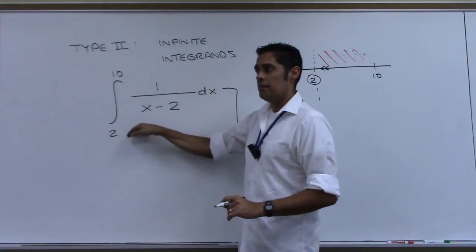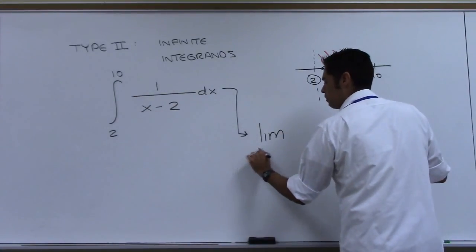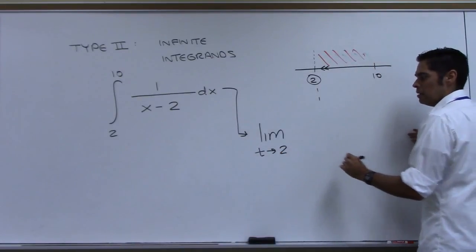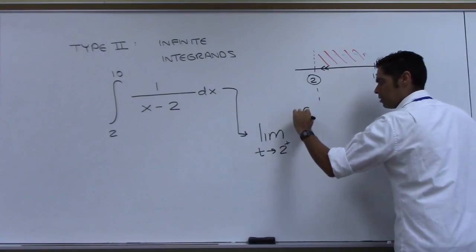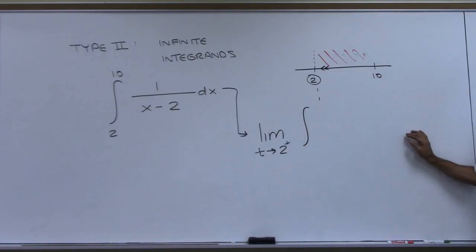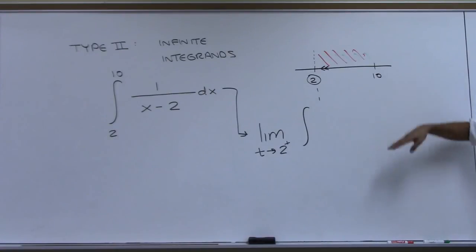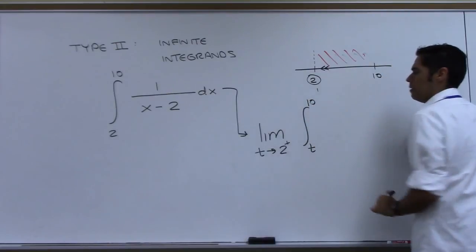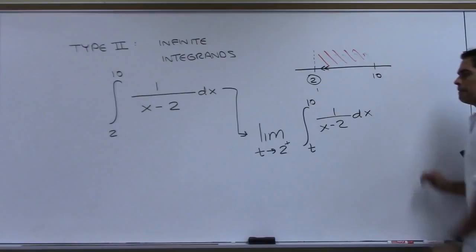We'll use t because t is our limit of integration. So t is going to approach what? 2. How do I say from the right? Little plus sign up here. Of the integral, where to where? t to 10. And then 1 over x minus 2 dx.